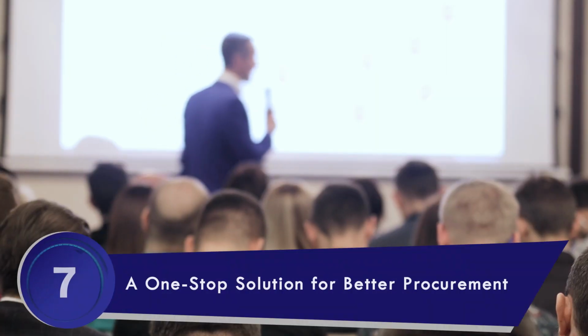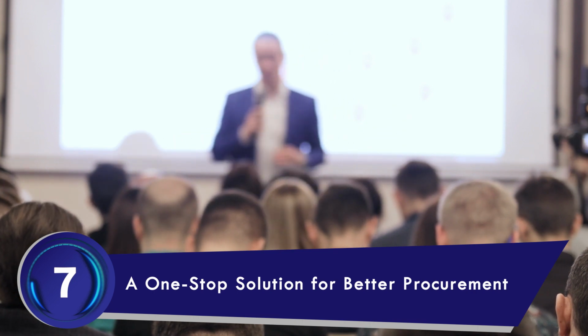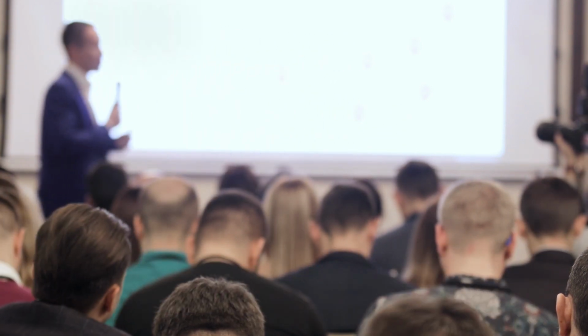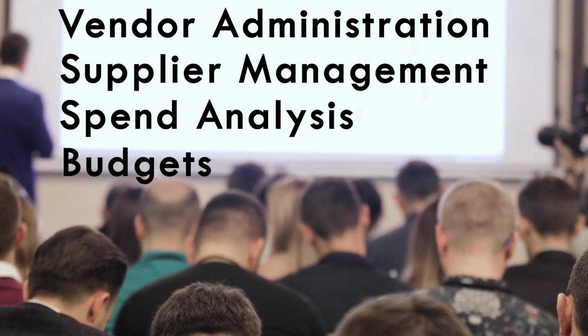After a contract is created or linked, organizations can adhere to their standard contract lifecycle management procedures. In addition to the aforementioned holistic and centralized functionality we've discussed thus far, organizations can tackle vendor administration, supplier management, spend analysis, budgets, and a myriad of other tasks.